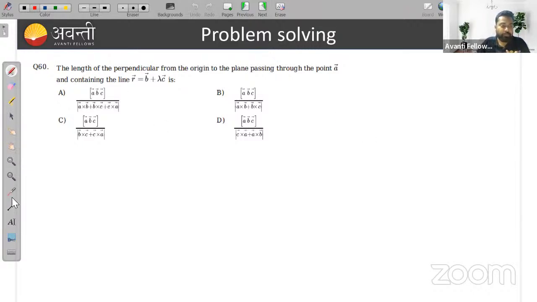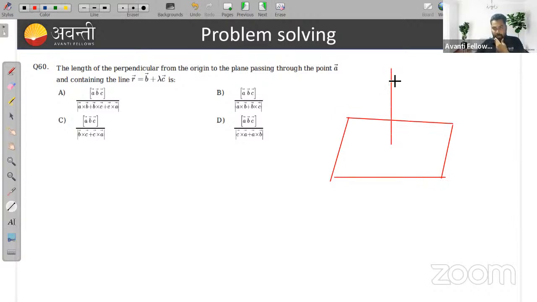So if you draw the plane first, suppose this is my plane and this is my normal to the plane, n vector. Okay, and it is passing through a point A. Suppose it is passing through a point A here. Okay, and also containing the line R is equal to B plus lambda C. No problem.